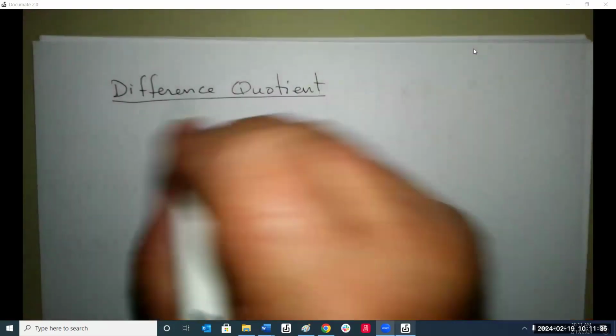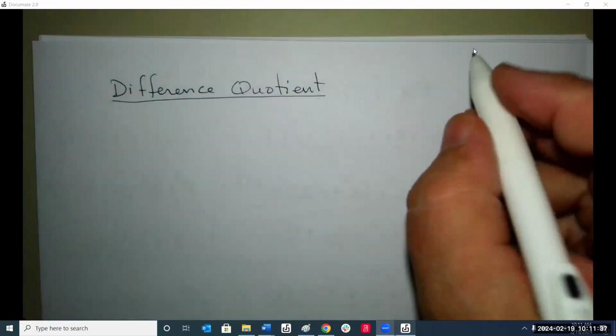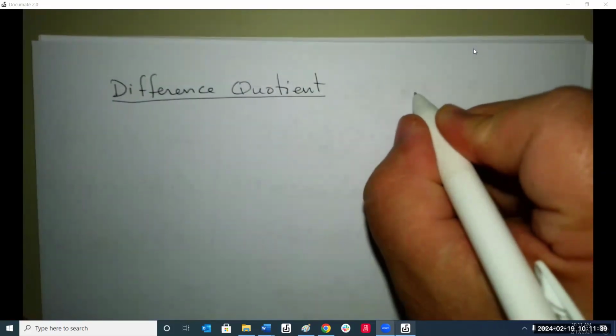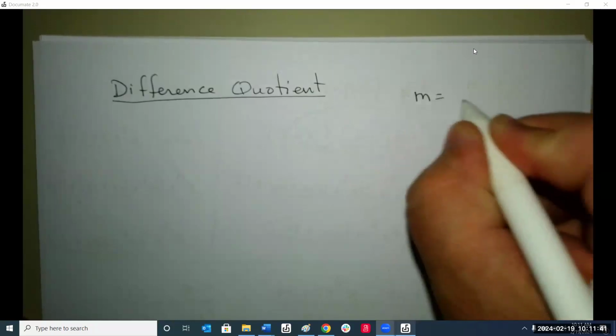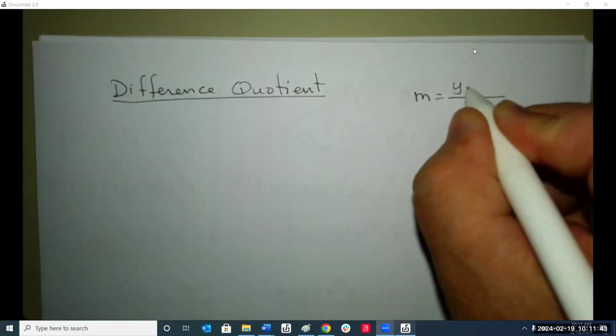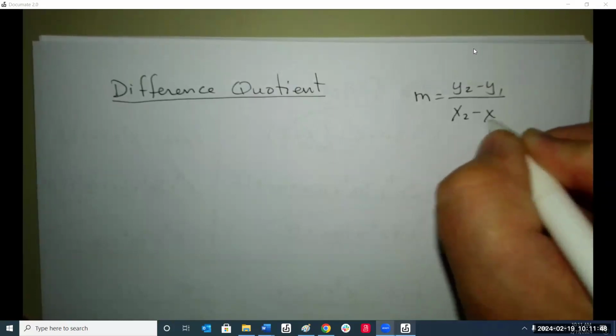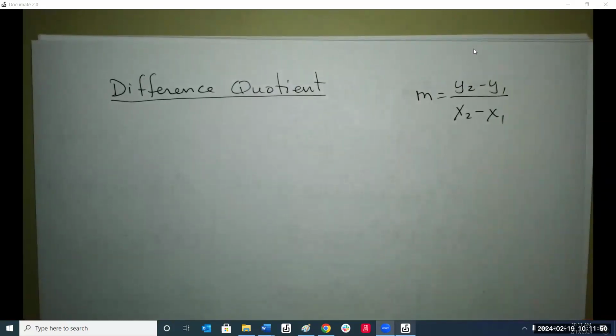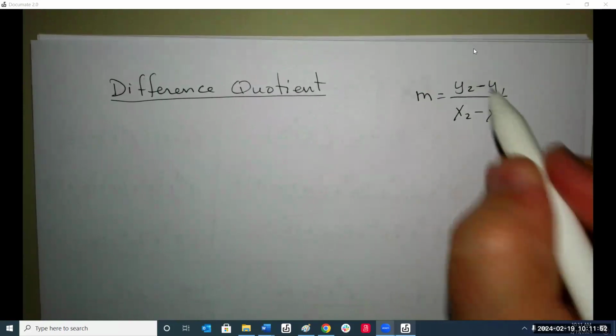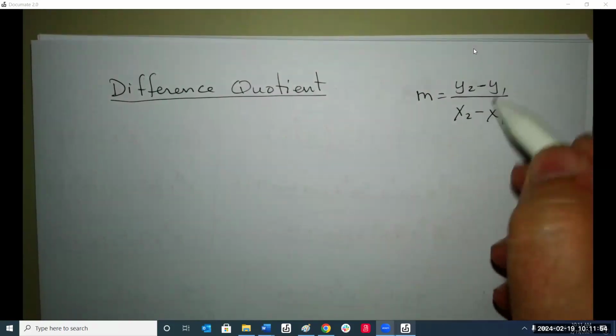The difference quotient pretty much looks like this. That's the difference quotient. They're differences because they're minuses, that's a difference, and a quotient means fraction.